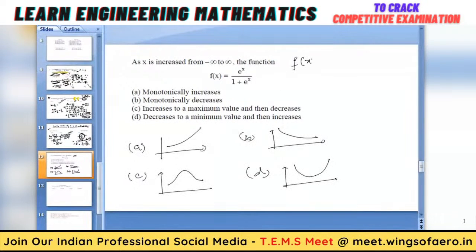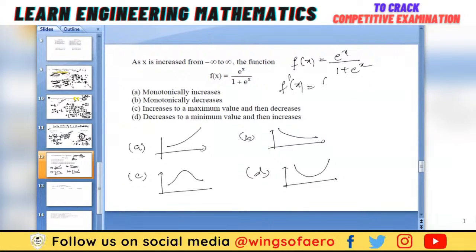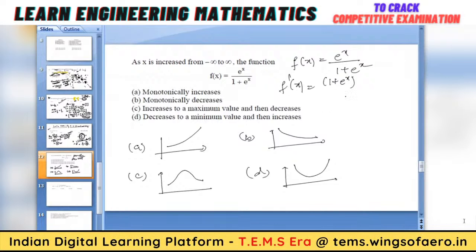So f(x) is equal to e to the power x divided by 1 plus e to the power x. Now f dash x: simply use the divide rule.